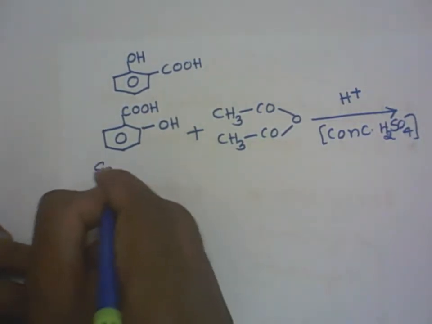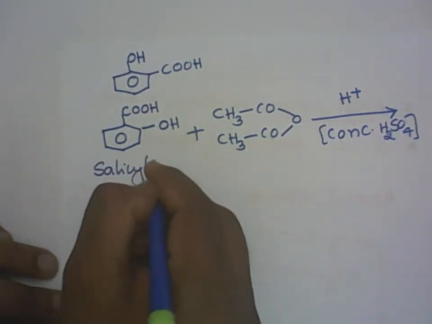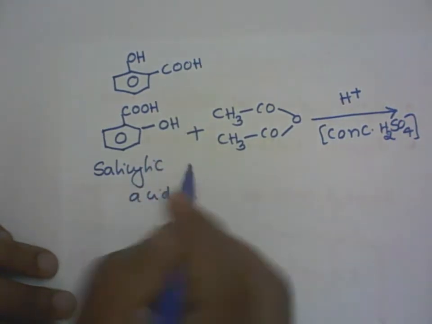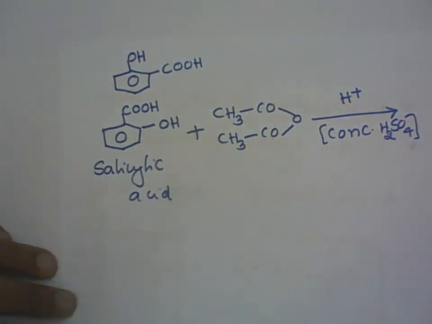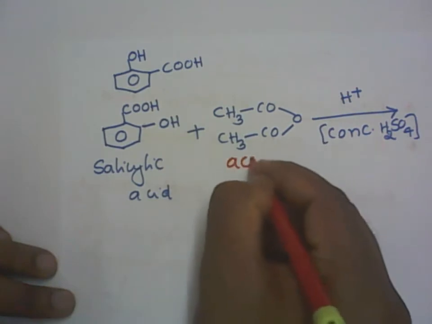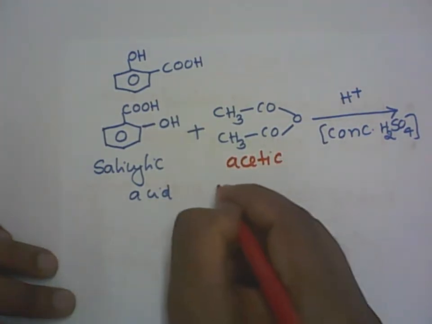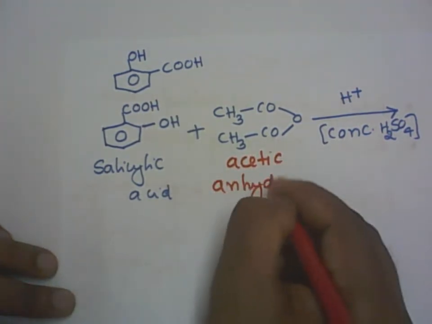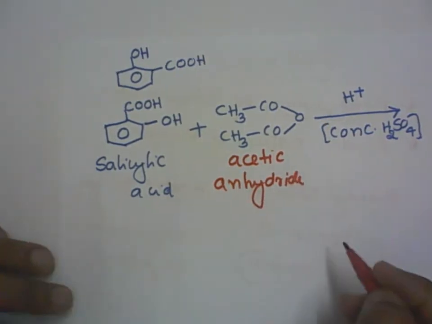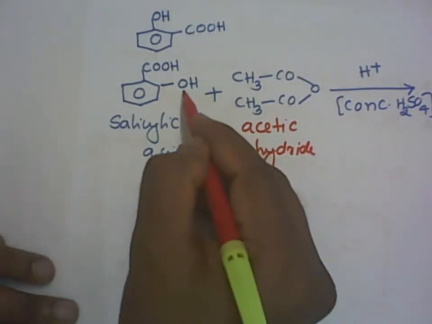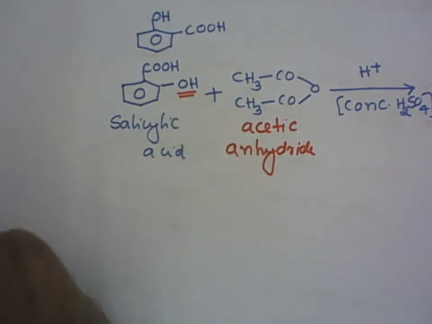This is salicylic acid, and this one is acetic anhydride. Now there is an OH group.